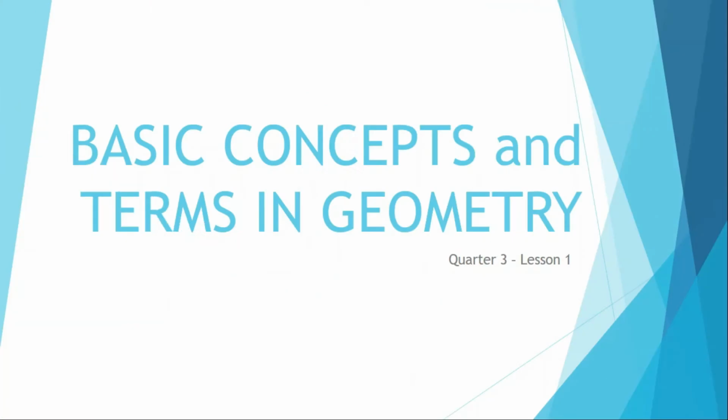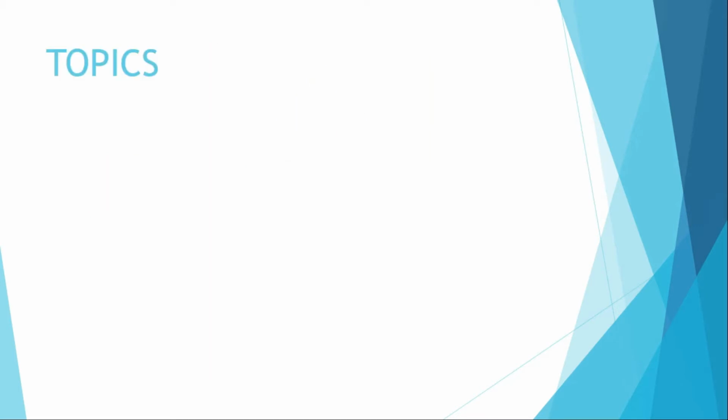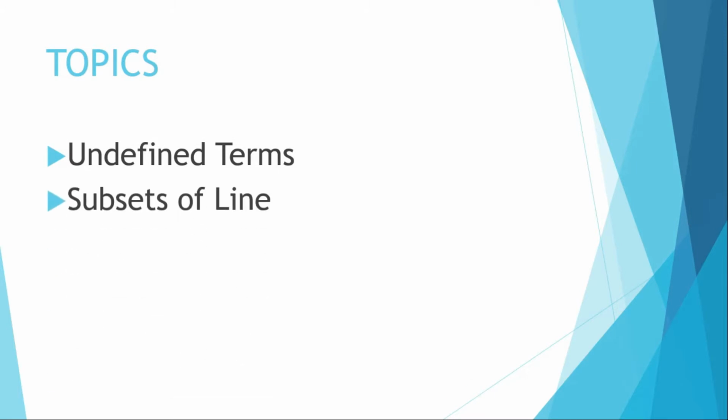So this is now our first lesson on the third quarter, the basic concepts and terms in geometry. And this is our module of the week. And the topics for this module are undefined terms, subsets of line, and angles. But for today, we will be having undefined terms.